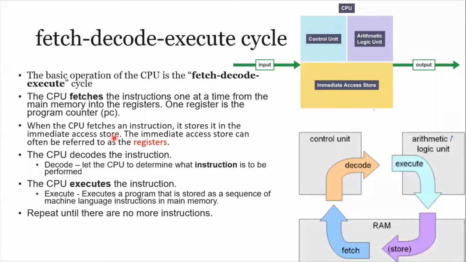Even a picosecond is very valuable, right? That much fast. So they store the data temporarily for immediate access. These are referred to as registers. These registers are very fast. It stores only for immediate access. It can't store for long.